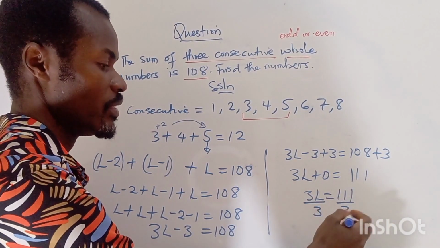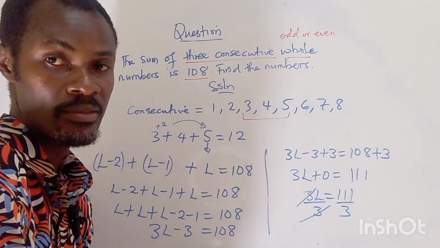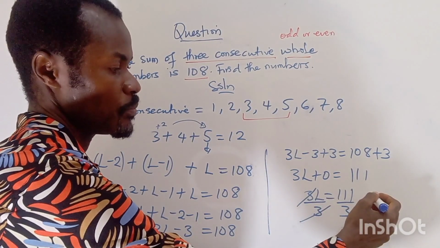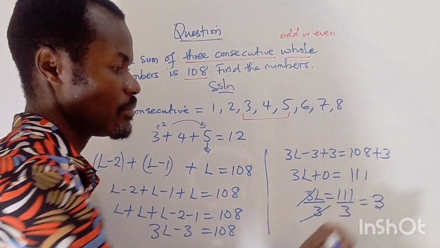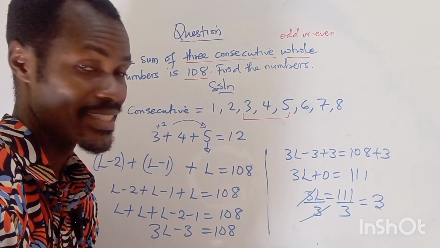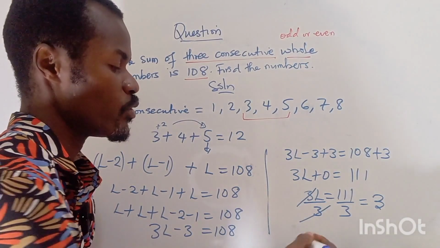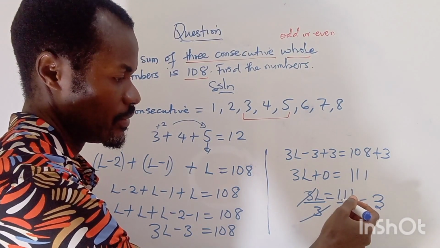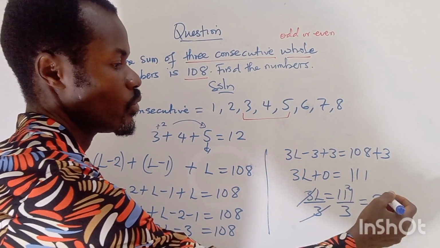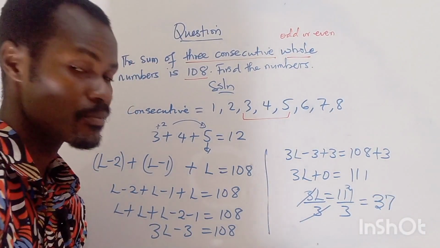Divide both sides by 3. This will cancel out this. Now what's the value of L? So 3 into 11 is what? It's going to give us 3 times, right? And that is going to give us 9. Okay. Now if we remove 9 from 11, we are going to get 2. So 3 into 21 is 7. Okay.